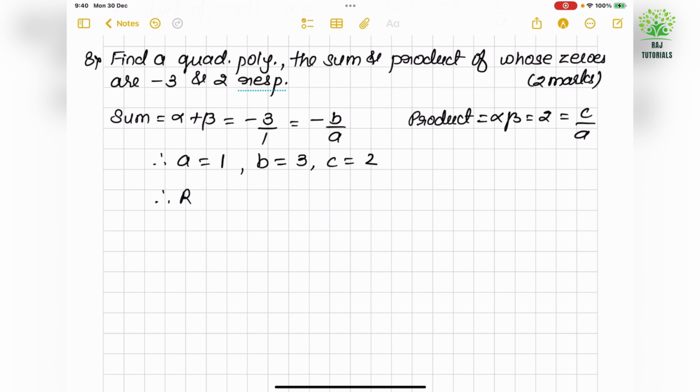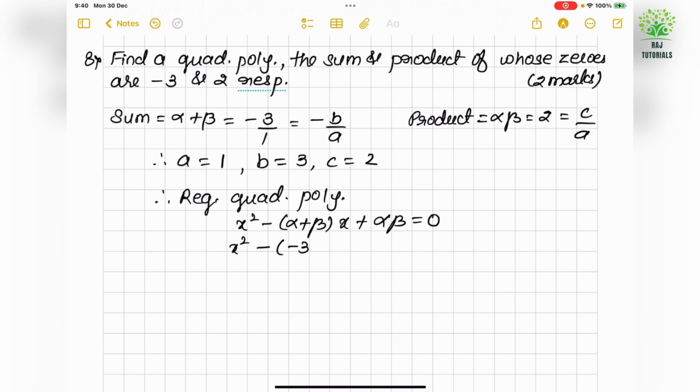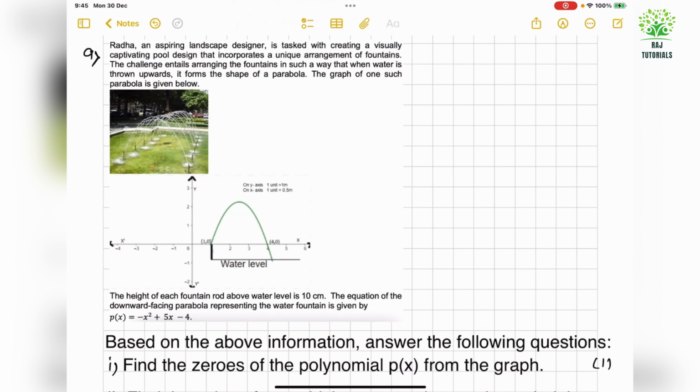So the required quadratic polynomial is x square minus (alpha plus beta) x plus alpha beta equal to 0. If I put in the values, then minus of minus 3x plus alpha beta, which is 2, equal to 0. So x square plus 3x plus 2 equal to 0 is the required equation.